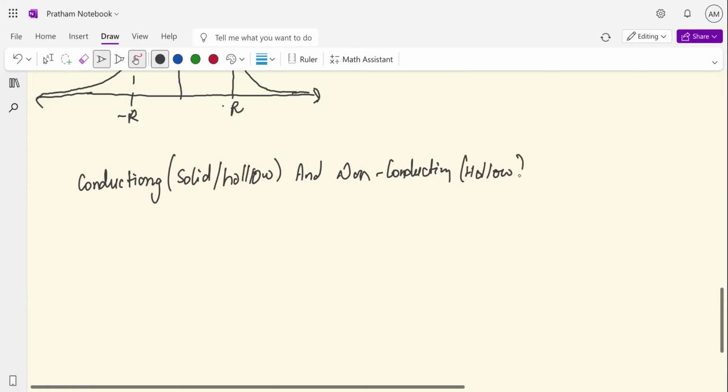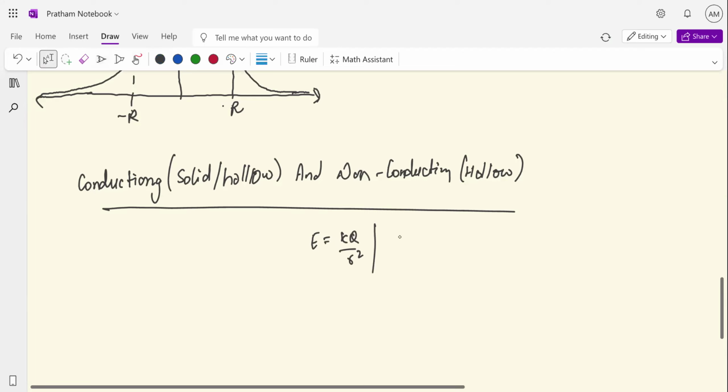For these three cases, values remain the same, right? Outside, you have electric field as kq divided by r square, and potential as kq divided by r. Inside the circle for all these three cases, E goes equal to zero and V is kq divided by R, a constant value, right?